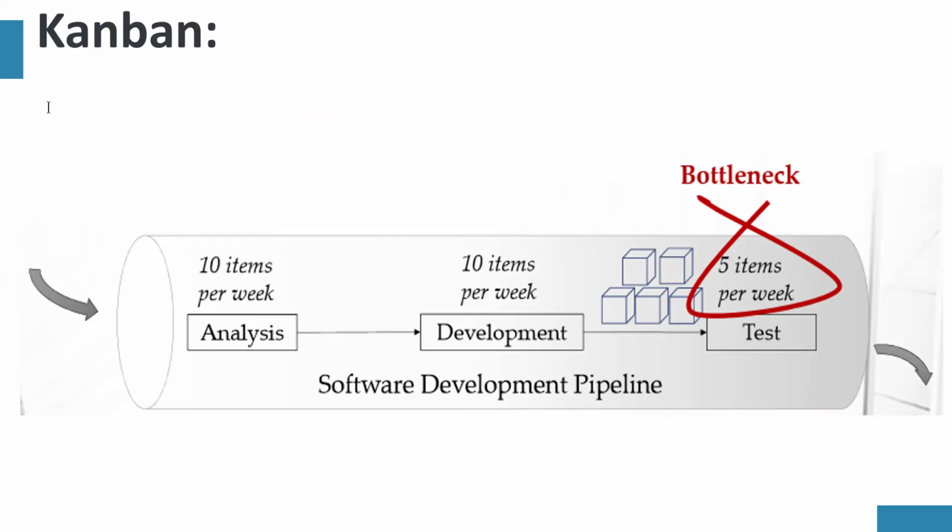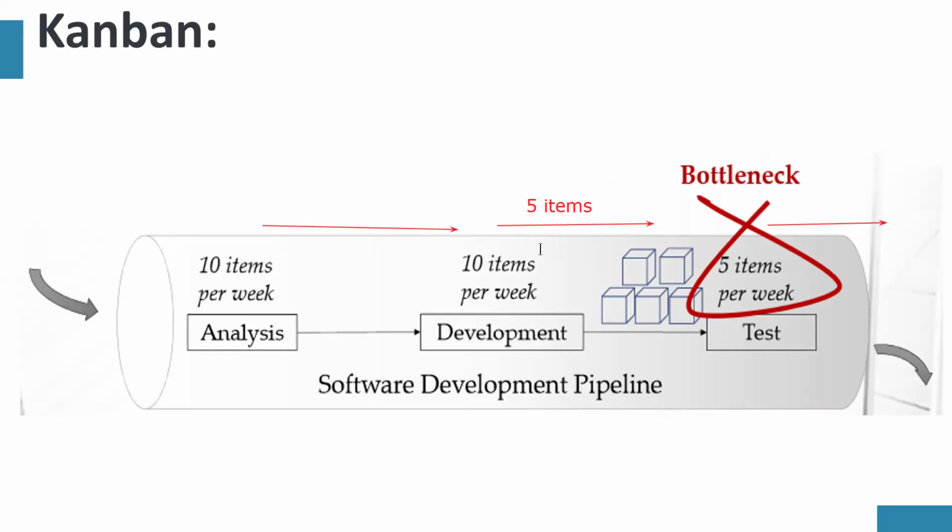Now, pull system means that when testers are finished with 5 items, they're going to request 5 items, right? So developers are not going to push the work. Then when developers are done with their items, they will ask based on the vacancy they have.